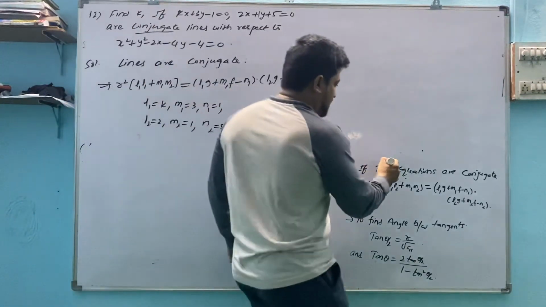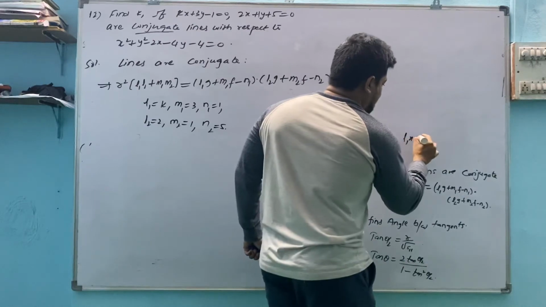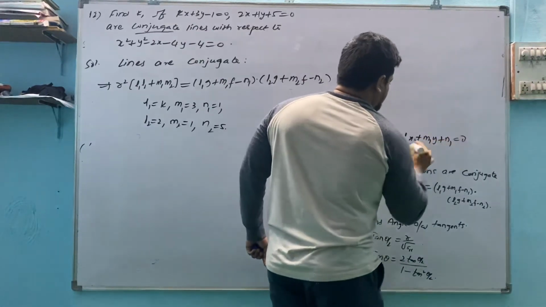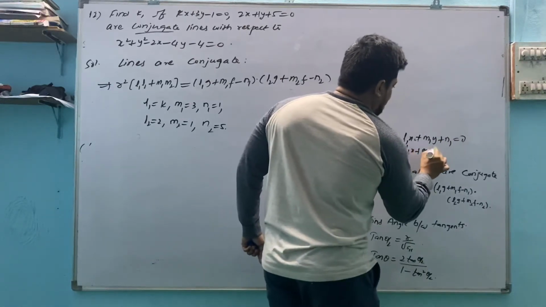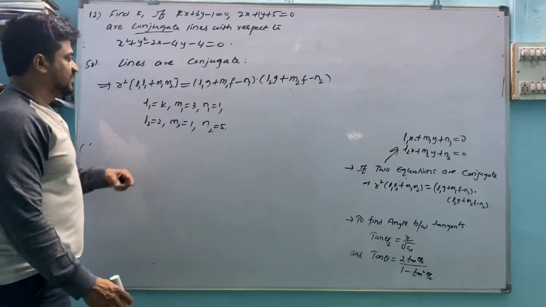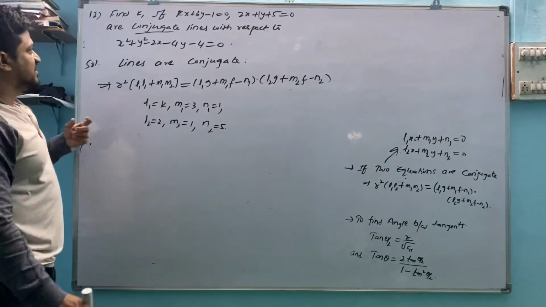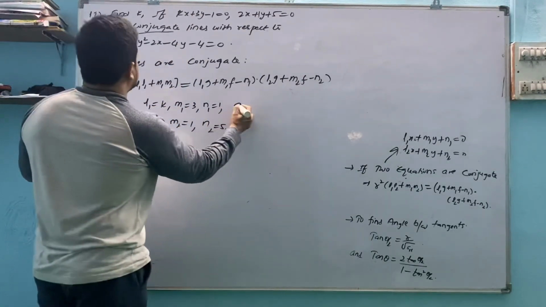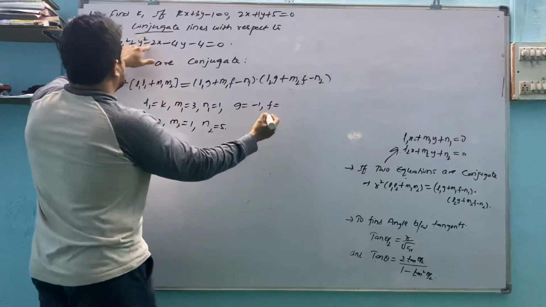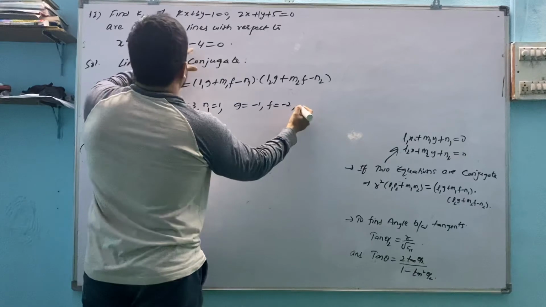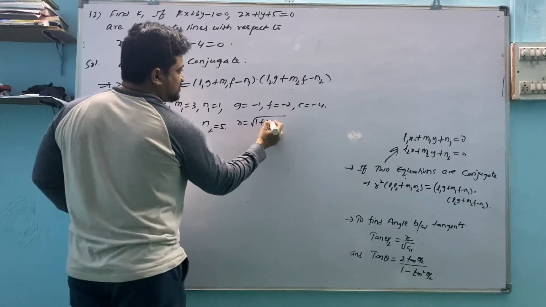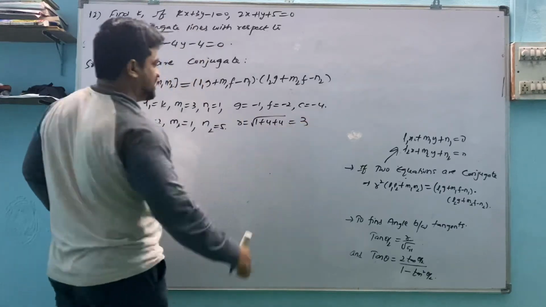So these two lines are L1 X plus M1 Y plus N1 and L2 X plus M2 Y plus N2. We have to compare the given lines with L1, M1 and N1, L2, M2 and N2. After that, G value we have, G is equal to half of the coefficient of X, F is equal to half of the coefficient of Y, C is equal to minus 4, then R value is root over G square plus F square minus C, that is 3.